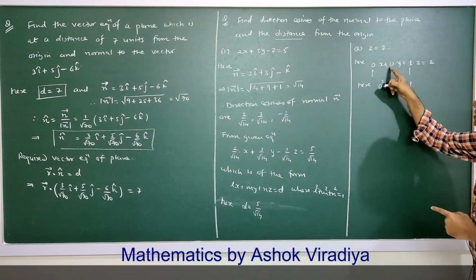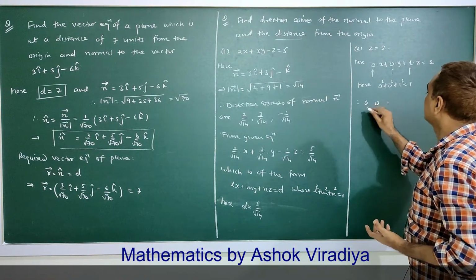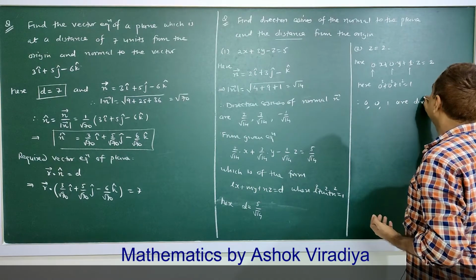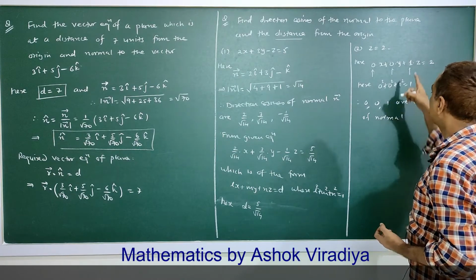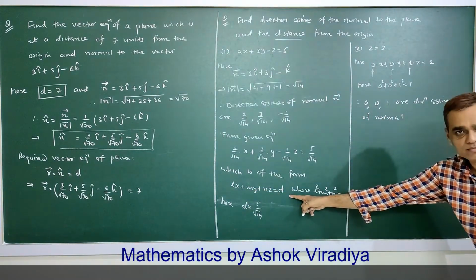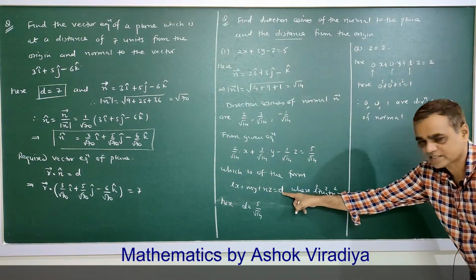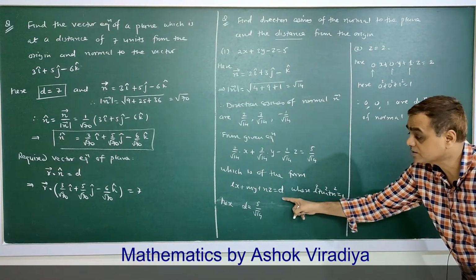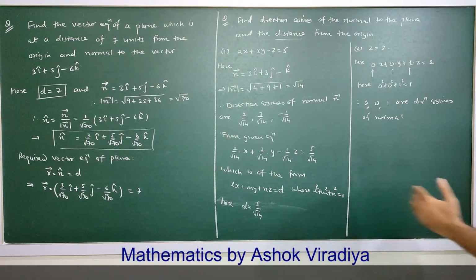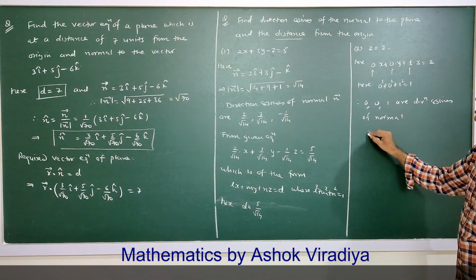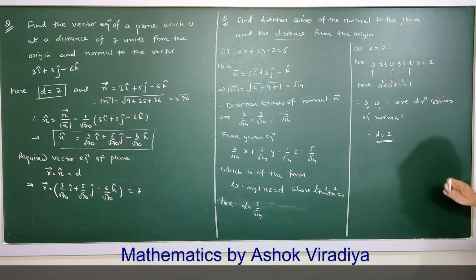So therefore these are direction cosines. Therefore 0, 0, 1 are direction cosines of normal. Means the equation is in this form, where l square plus m square plus n square is 1, and if so, this is a distance. But this d must be positive, otherwise you have to change the sign of the equation. So the distance is 2. So this is the distance from origin.